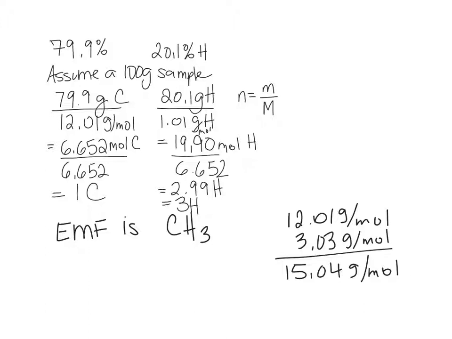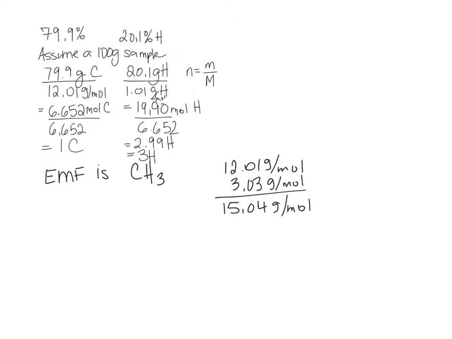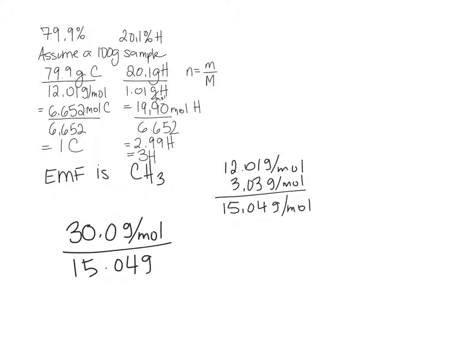What's the molecular formula? So, I know what the molar mass of my empirical formula is. So I take my molar mass of my compound, divide it by the molar mass of my empirical formula, and that tells me how many times my empirical formula fits into my molecular formula.